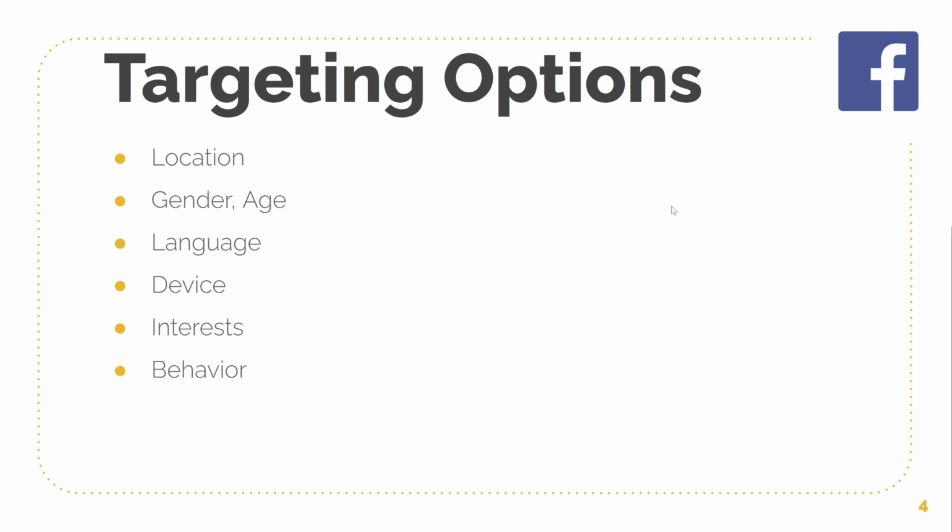As for behavior, these can be people who are expats. These could be people who are using a specific internet connection, either Wi-Fi or a mobile connection. People who use different devices. It can be that accurate, like people with the iPhone, the latest edition right now. I don't even know what number it is. So it's super accurate targeting on Facebook.